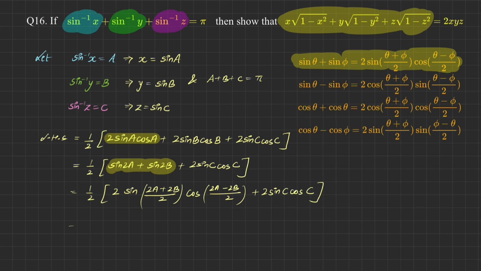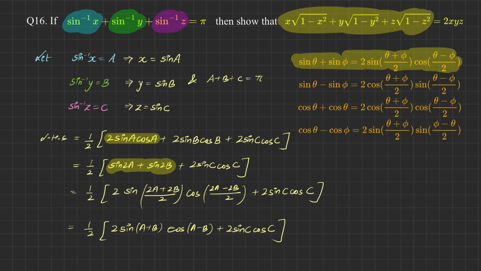So this equals half 2 sine a plus b cos a minus b plus 2 sine c cos c.